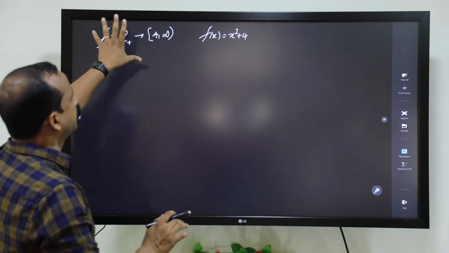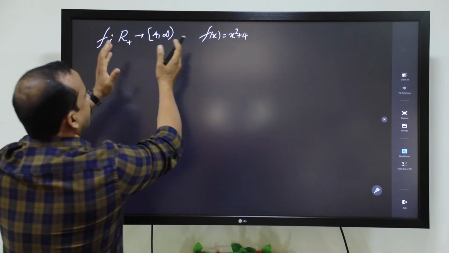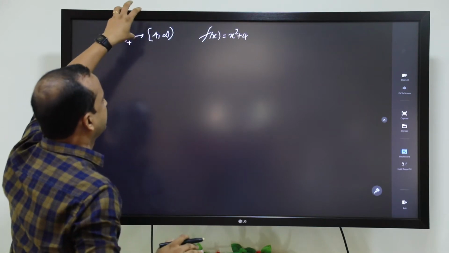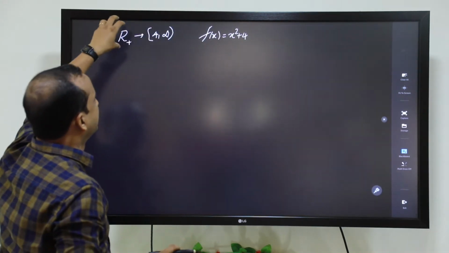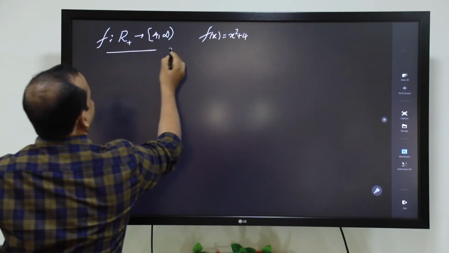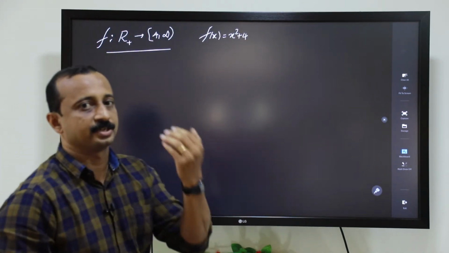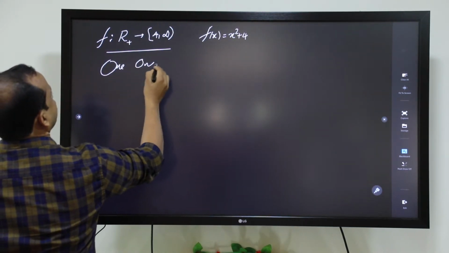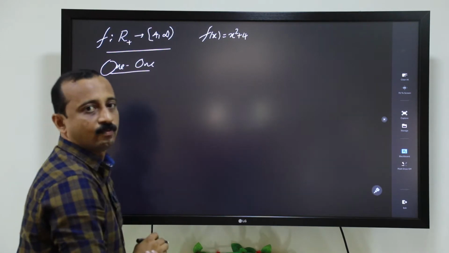This function is already set with a domain and a range. First of all, we prove that our function is one-one.